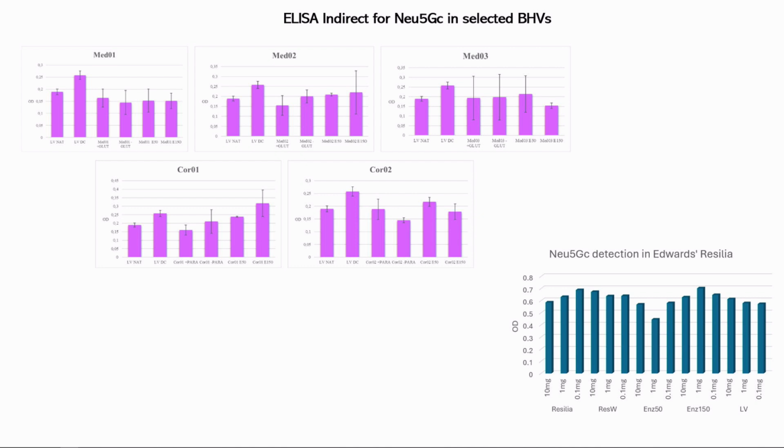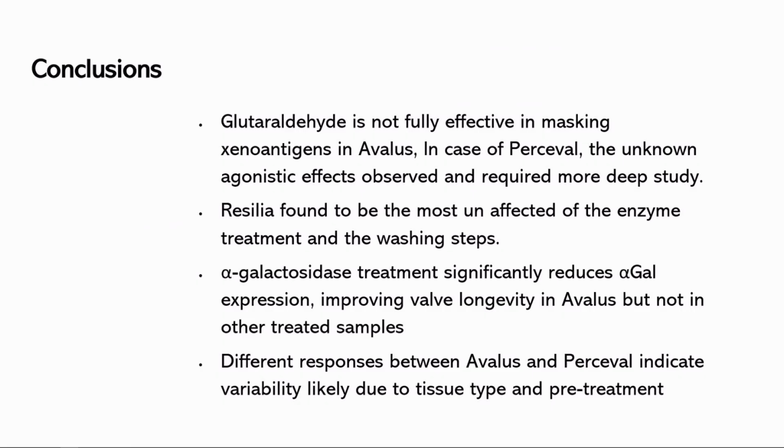But we found that the enzyme is specifically treating the alpha-gal immunogens, but not Neu5Gc. So Neu5Gc in all the samples was supposed to be at the same level, not affected. This conclusion led us to the point that glutaraldehyde is not effective in masking the xenoantigen.